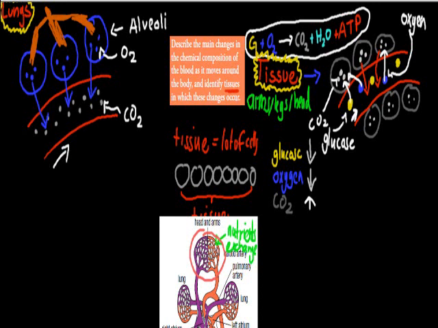The good thing is the lungs also act to decrease our CO2, because CO2 diffuses the other way, out of the blood. So when it comes to chemical composition, oxygen is increasing in our blood because it has gone into the blood from the alveoli, and CO2 is decreasing because we breathe carbon dioxide out, since we don't want it. It's a bad byproduct that's going to go out. It's kind of the reverse of what happens at the tissue.